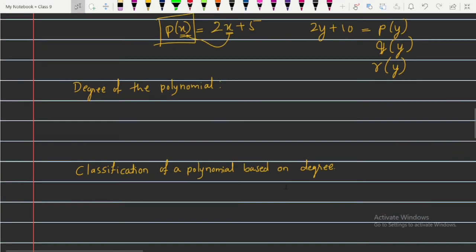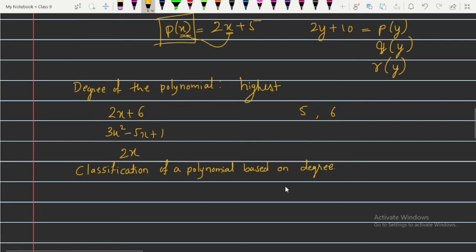Next is the degree of the polynomial. For example, take any polynomial: 2x plus 6, 3x square minus 5x plus 1, and you can also take a constant polynomial, like 5 or 6, whatever you like.